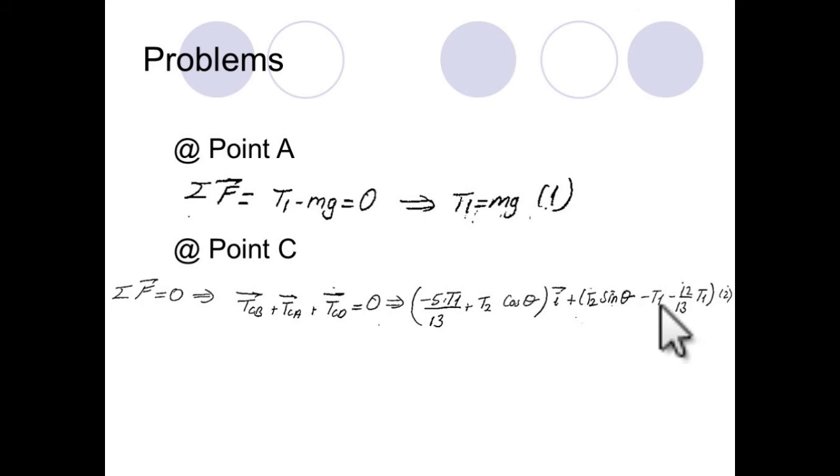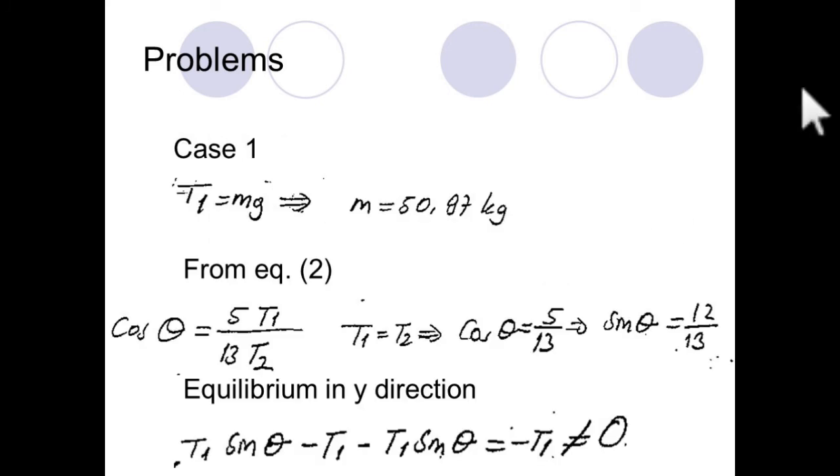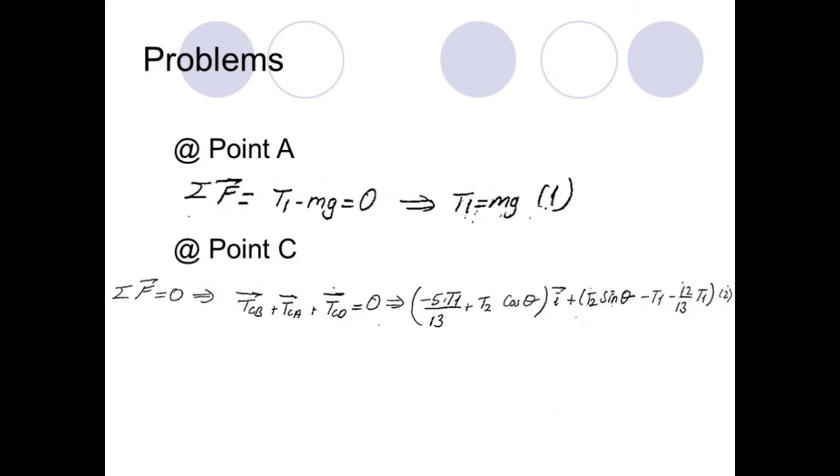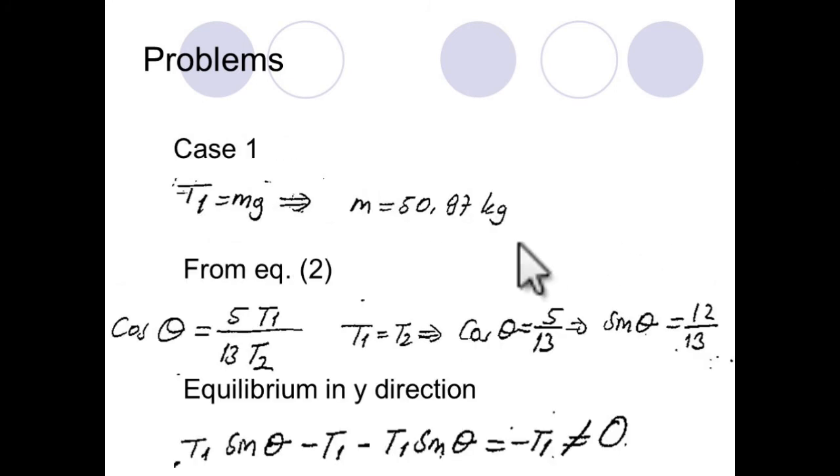In fact, we will substitute T1 here. As a result, we can obtain this expression: cosine theta is equal to 5 divided by 13 T1 divided by T2 from equation 2, from the x component.